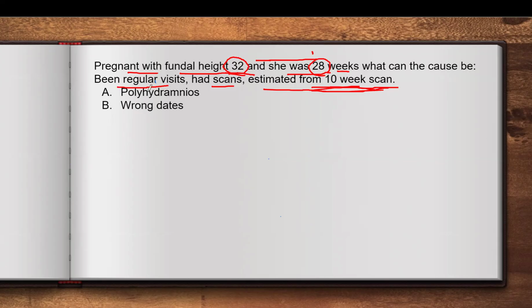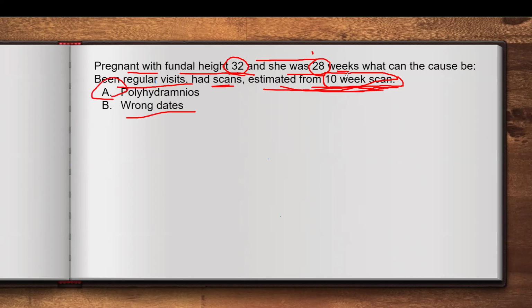So the statement says that she has had regular visits, she has had her scans. If the scans were estimated from the 10 week scan, this means that she has had her dating scan. So the dates cannot be wrong. The chance of dates being wrong is very less likely. So most likely it is polyhydramnios.